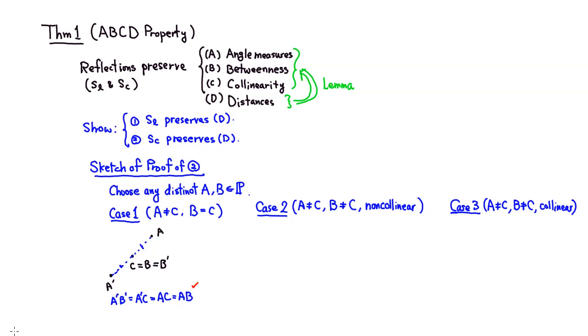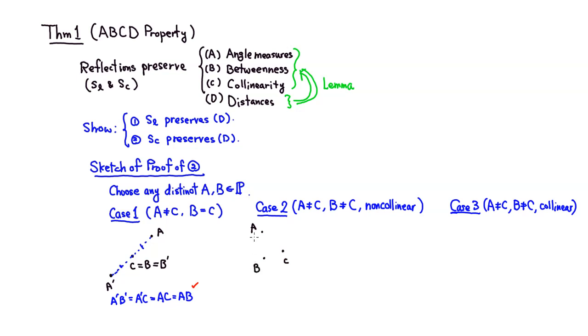Okay, let's look at case 2. Let's say A and B are different from C, and that they are non-collinear. So C is over here, maybe A is over here, and maybe B is over here.